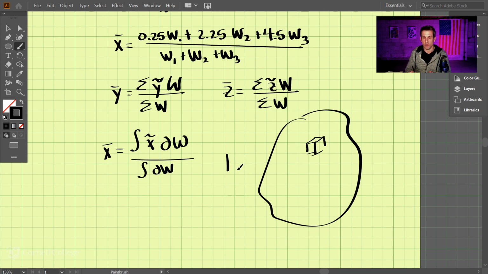We need to know this distance that it's acting away, x tilde, and then we multiply it by the small differential element dW here. All right. We won't use this as much, but if you're given a mathematical equation, you need to use this equation, and likewise, we have the equations for the y direction and the z direction as well.